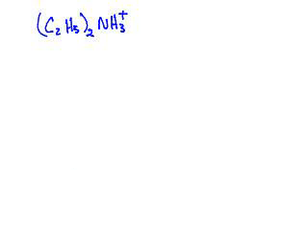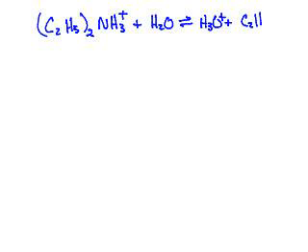So then I'm going to react it with water. I'm going to write water as H2O. That makes the hydronium ion plus this ugly beast (C2H5)2NH. Now we do a nice ICE problem, very similar to our last problem.